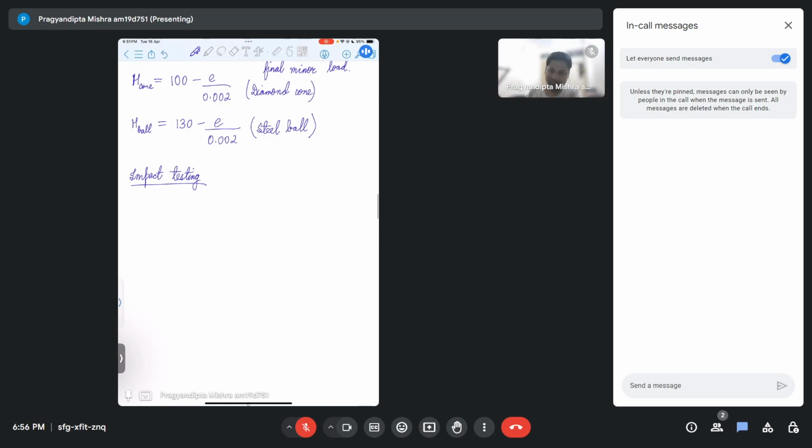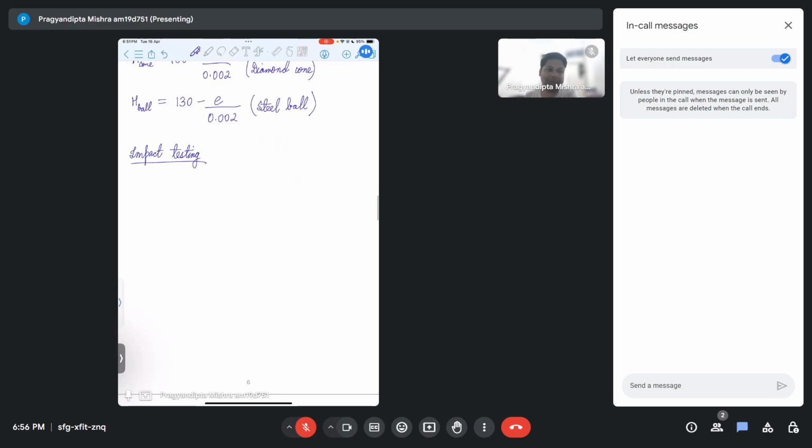If you give a very high strain rate or impact load, the material will suddenly become brittle and fail very suddenly. Low temperature conditions also make it behave in a brittle manner. And finally, when we are putting a triaxial state of stress by introducing a notch in a particular material.